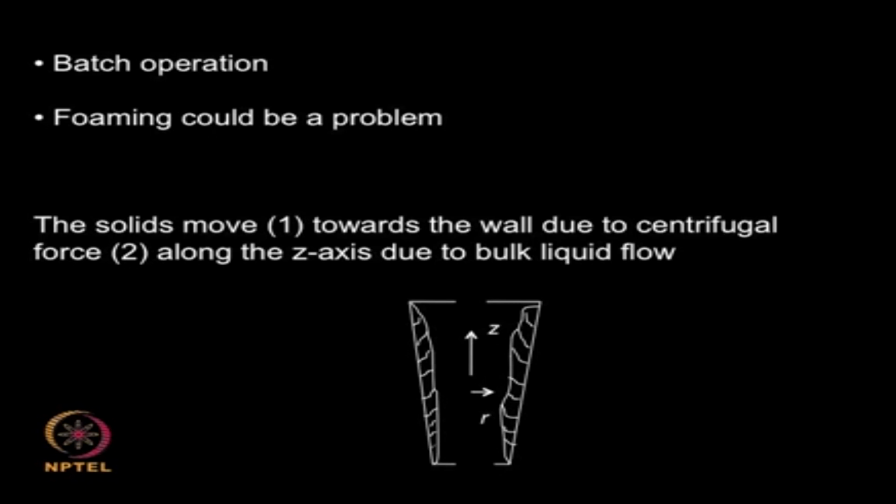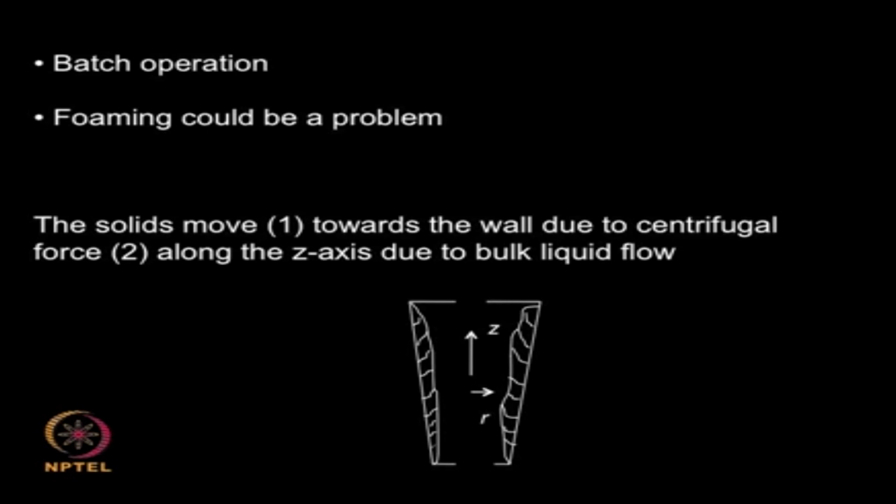So the solids encounter a force along the axis because of the bulk flow, and a centrifugal force because of the rotation of the centrifuge, which is a function of the radial location of the particle.